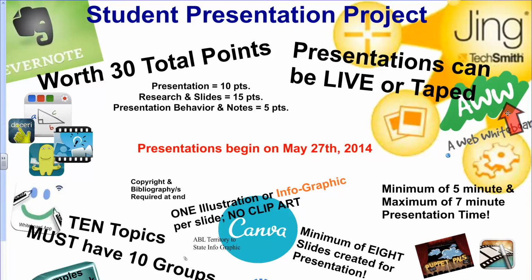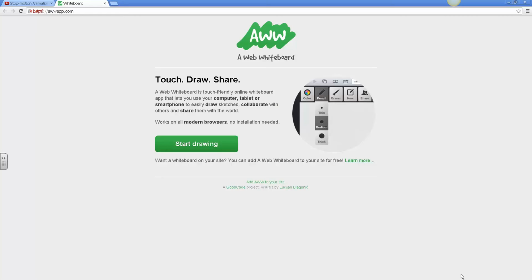The other application is something called AWW, and this is going to make your computer screen a whiteboard. Here's how it would look. You'll notice here's the website, a web whiteboard. Here's the website address at the top in the upper left.